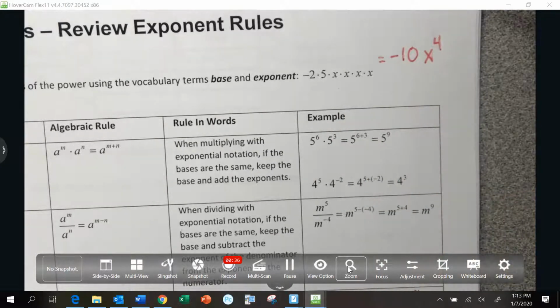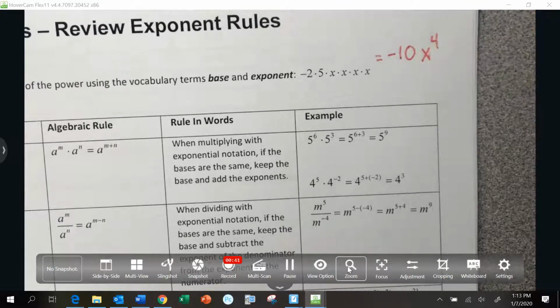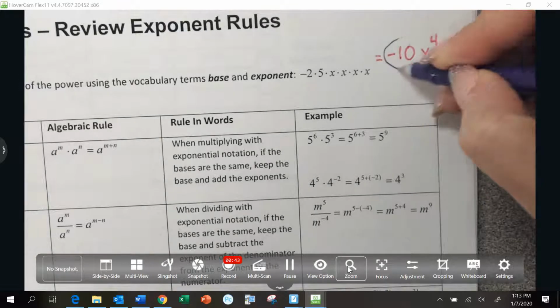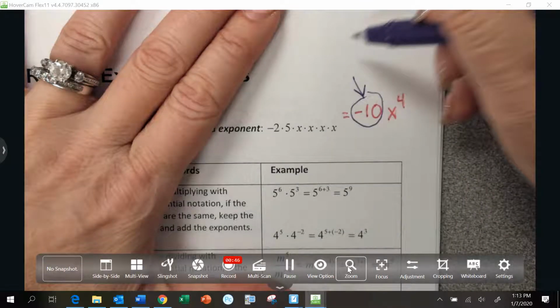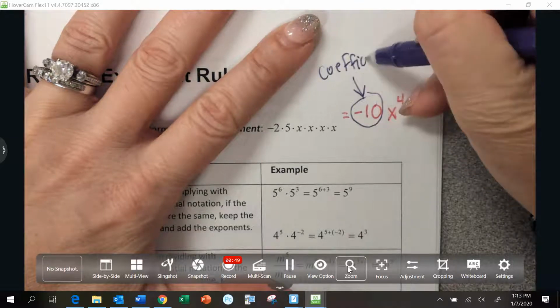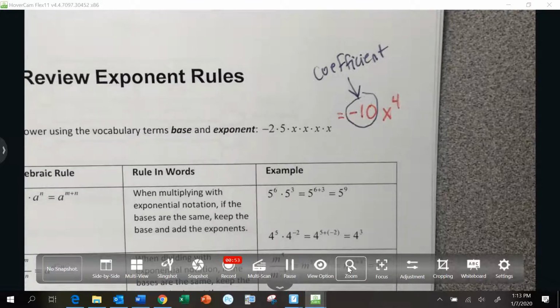Now, out of this, the negative 10 is a coefficient. Negative 10 is a coefficient. Out of this, what is the base?